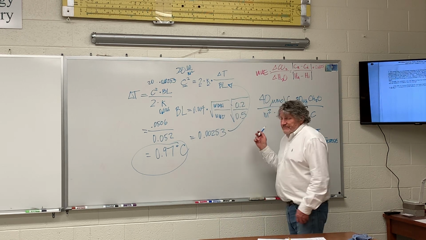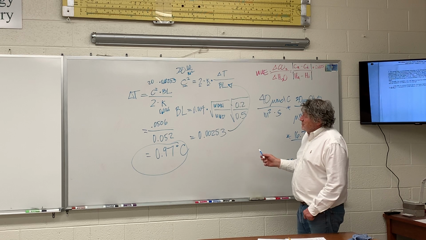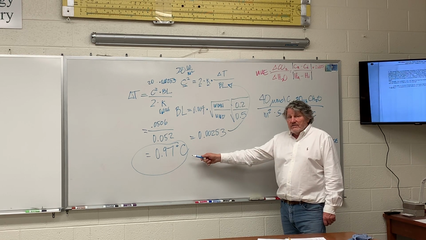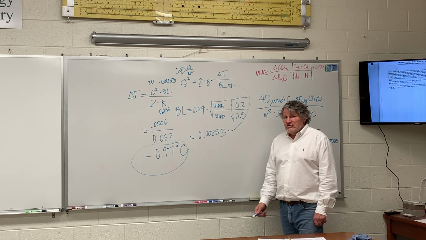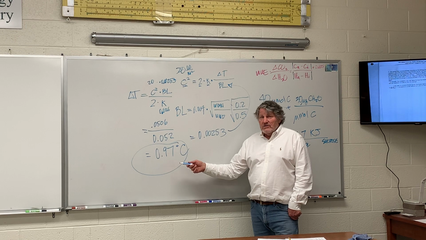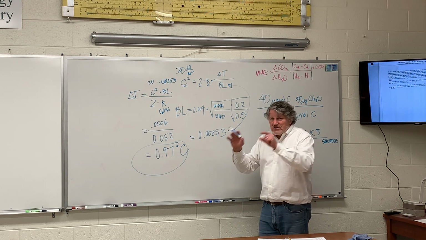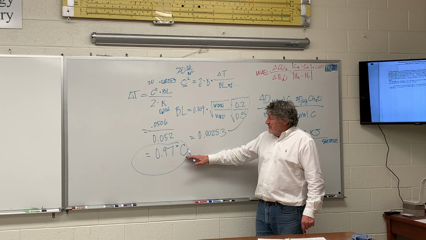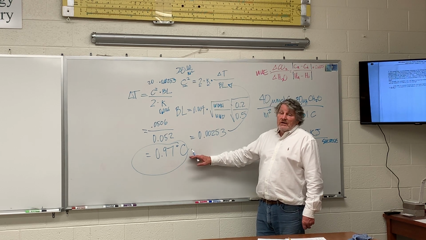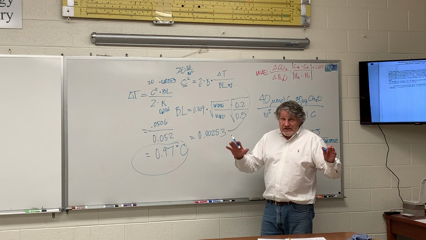So this is how to set it up and work it out. That's a lot of heat, 0.97 degrees C when you think about it. But this would only happen with a really low wind speed. As soon as the wind started to blow a little, if the wind doubled, this would drop way down. But it's possible, photosynthesis takes energy.